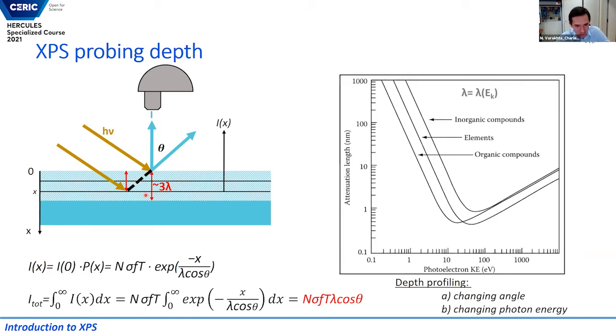So the angle is also a parameter which can help you change the surface sensitivity. Usually people change either photon energy or angle if they want to change the probing depth with XPS.